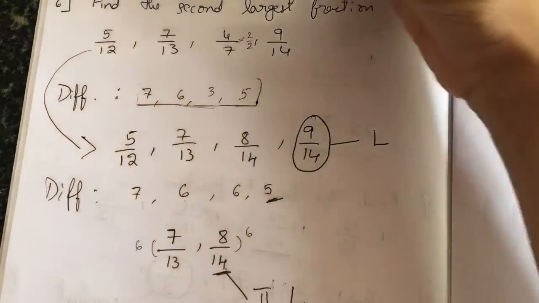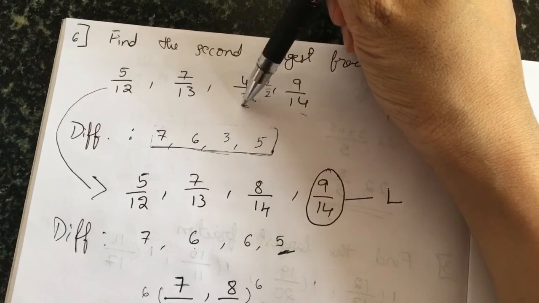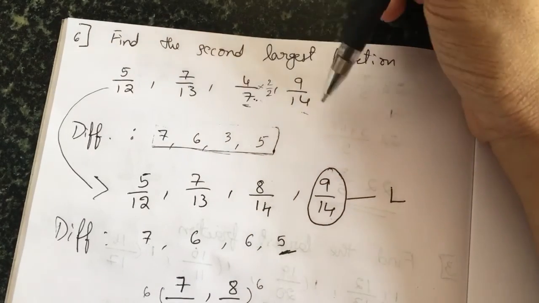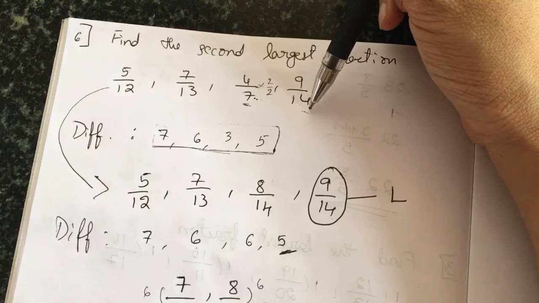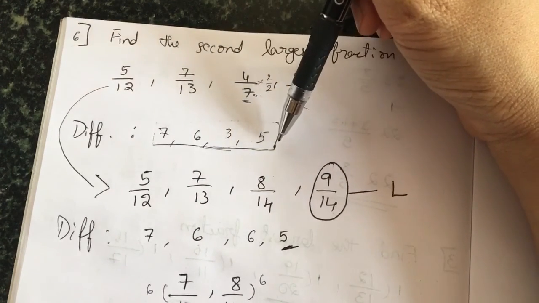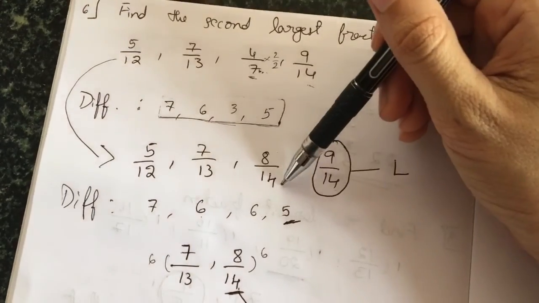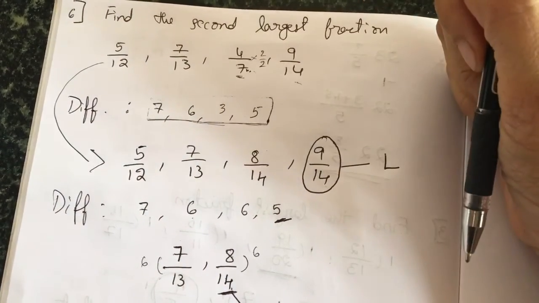I repeat once again, when you have got such problems where one denominator can be written in terms of the other, in those cases don't directly go for taking the differences, you convert them. You convert that into the other, so that it will be very easy to calculate.